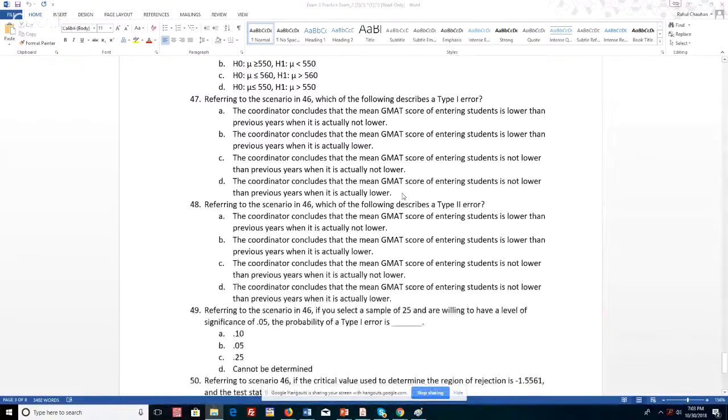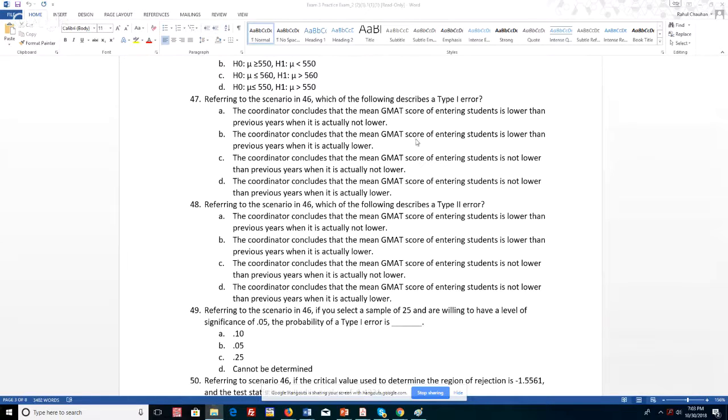Okay, 47 says, which of the following describes a type 1 error? So remember, a type 1 error is saying something is there when it really isn't. So the coordinator concludes that the mean GMAT score of entering students is lower than previous years when it is actually not lower. So saying something's there when it's not. That seems about right, but let's check these anyway.